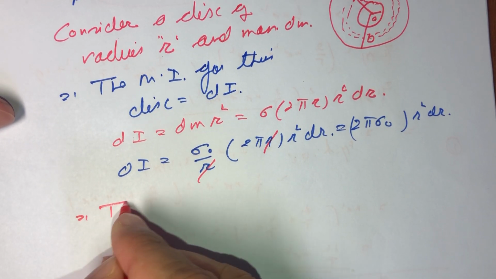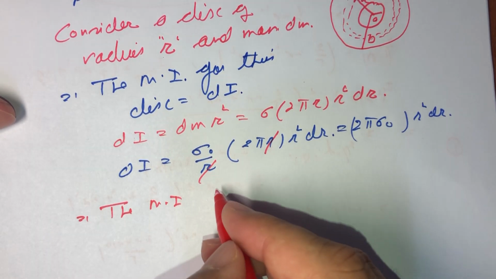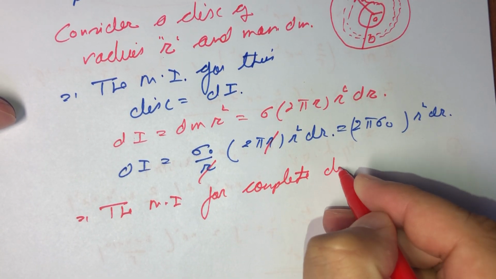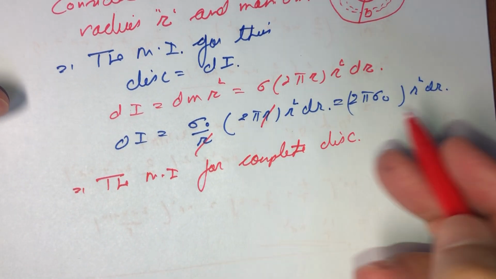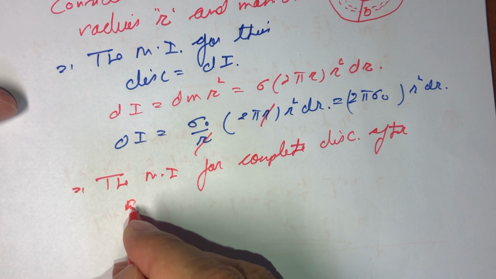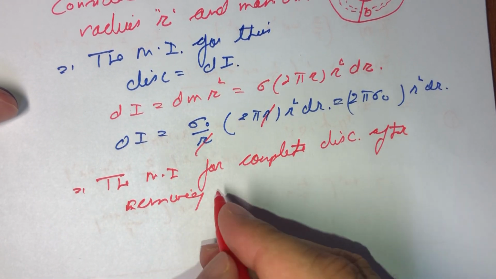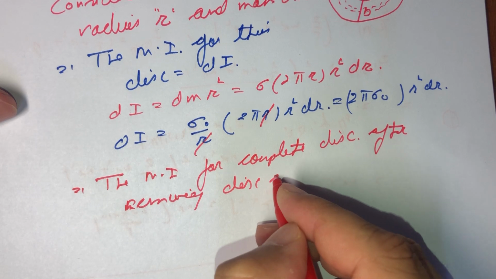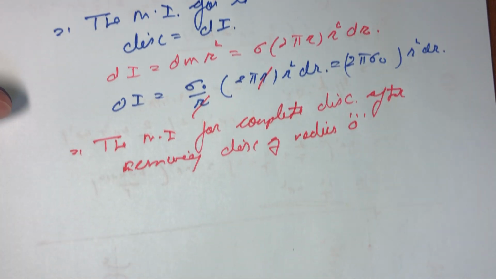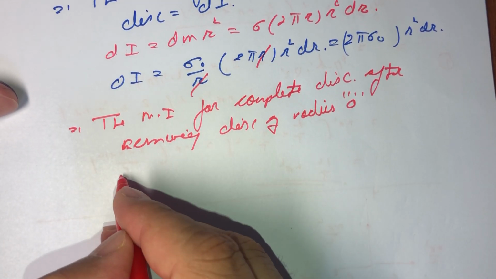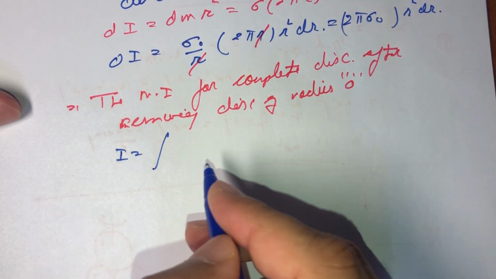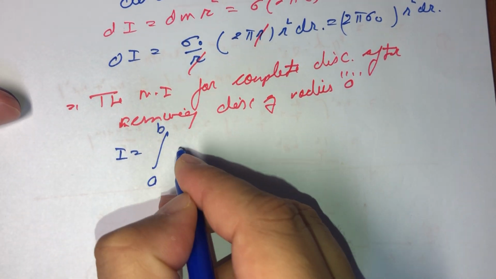Therefore, the moment of inertia for the complete disk after removing the disk of radius a, let us suppose that is given as I. So you can see I will be equal to integration, with limits of integration varying from a to b, of dI.